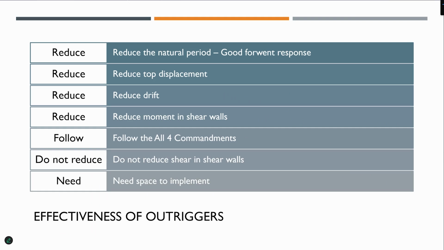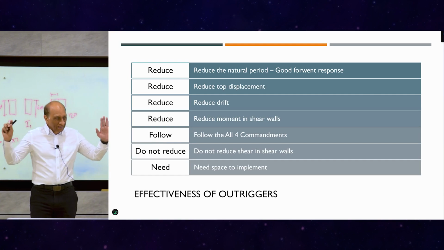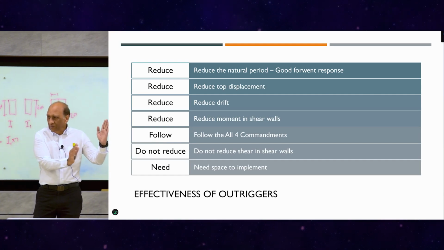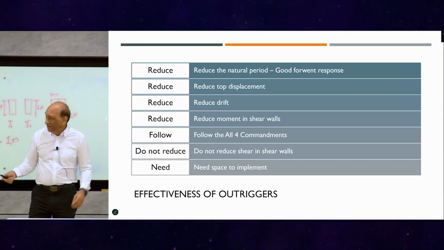They reduce the natural period, good for response, reduce top displacement, reduce drift, reduce moment in the shear walls, and most importantly, they reduce the moment in the shear wall also, not only in the beams, because the axial forces take the moment away from the shear wall. So you save on the shear wall moment a lot.